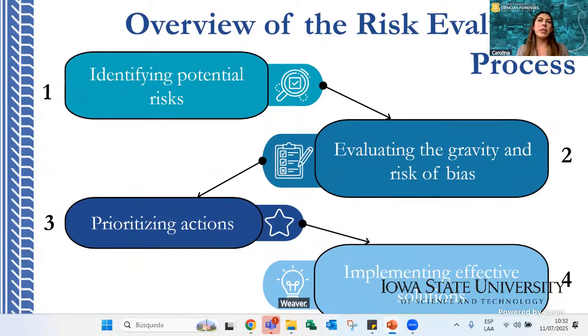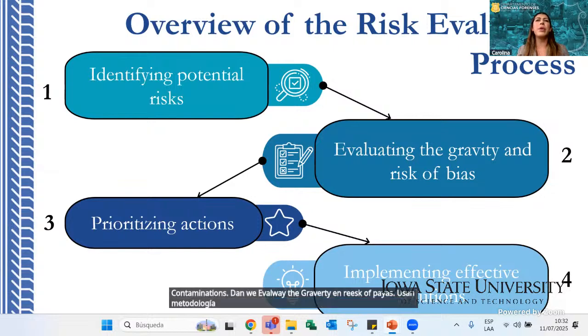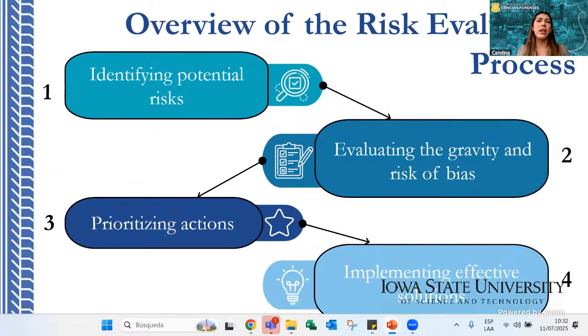First, we identified potential risks, explored the critical sources of cognitive contamination. Then we evaluate the gravity and risk of bias. We use a methodology to assess the severity of the risks and their potential impact on forensic analysis.